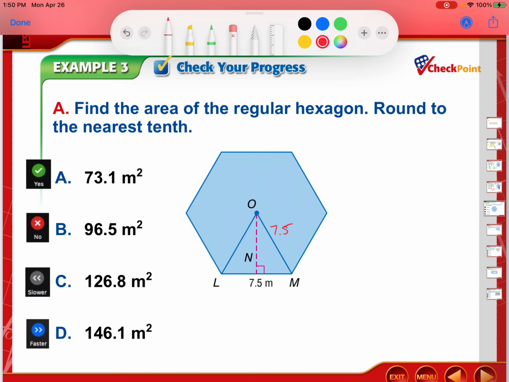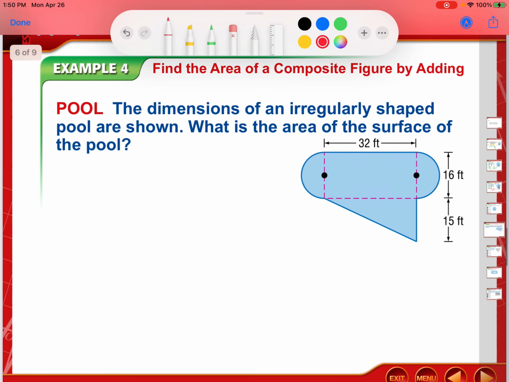Second square root, second answer. It's going to be that. So that's my apothem times 7.5 times 6 equals, divided by 2. So the correct answer is going to be D, in case you wanted to work that out on your own.